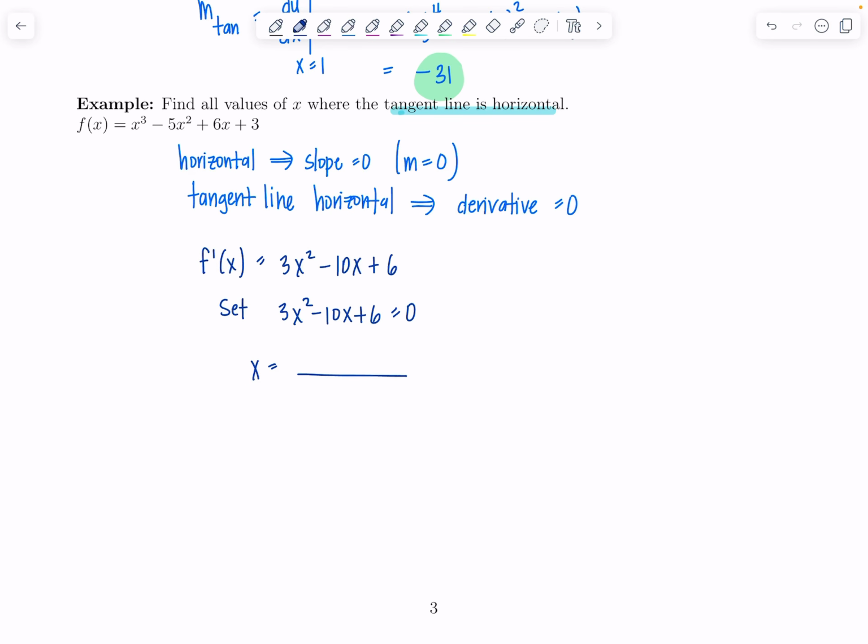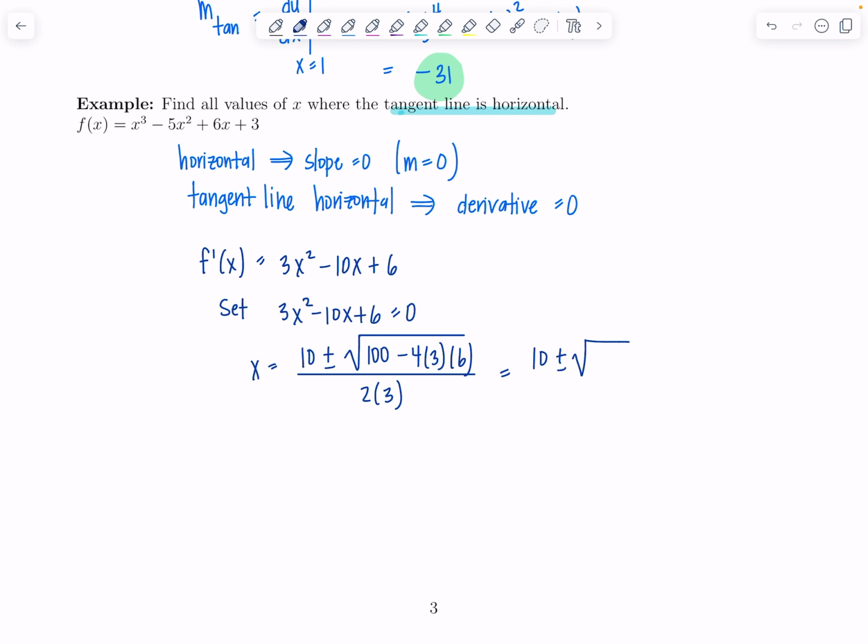So x equals opposite of b, plus or minus the square root of b squared, which will be 100, minus 4 times 3 times 6, all over 2 times 3. So that's 10 plus or minus square root, that's 100 minus 72.